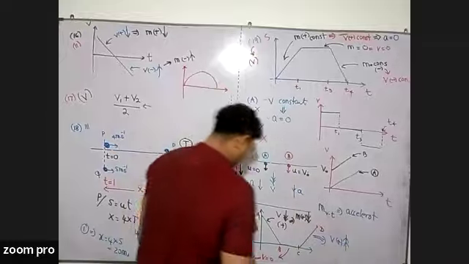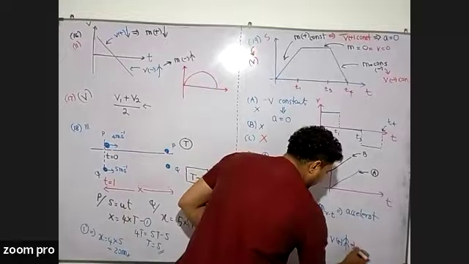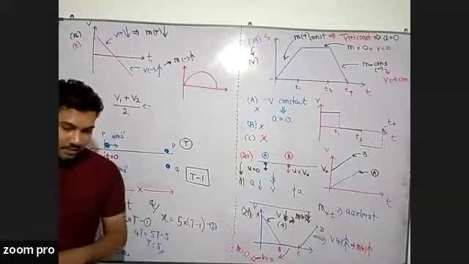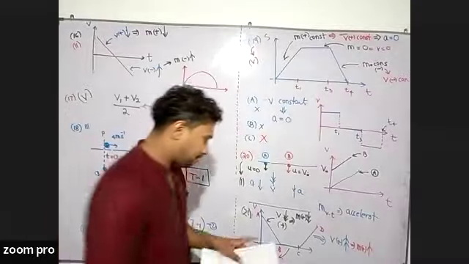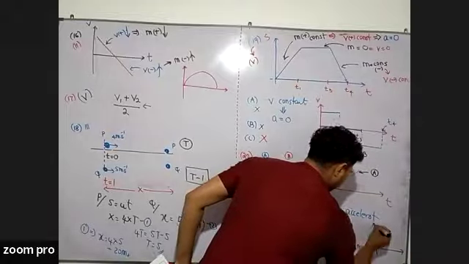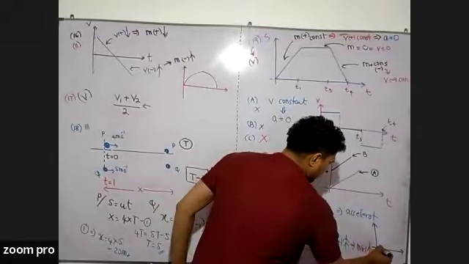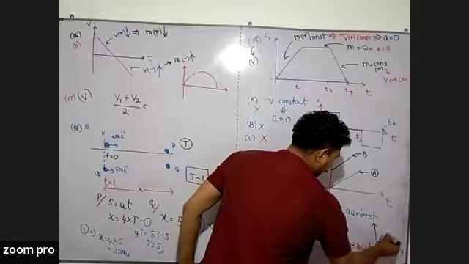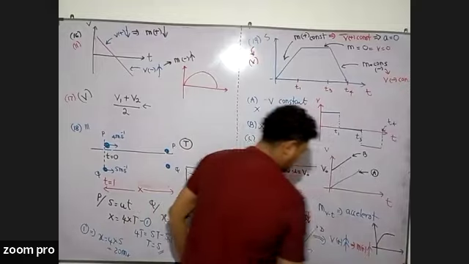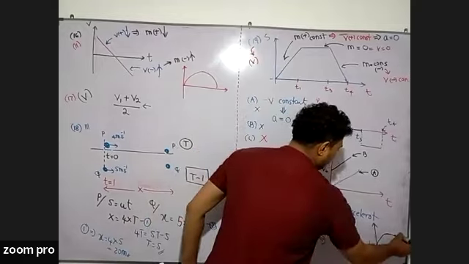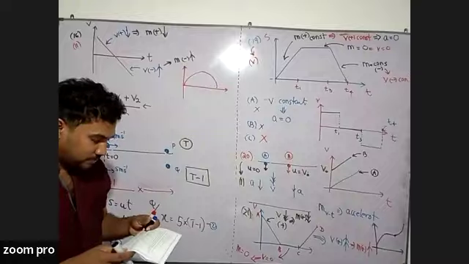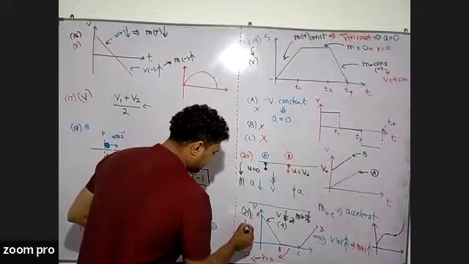So the gradient should also be positively increased. So the best representation is this: positively decreased, then gradient 0, then positively increased. Right, this is the answer for this question. That means the answer should be the big one.